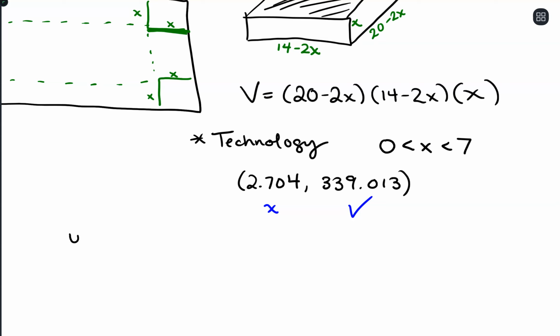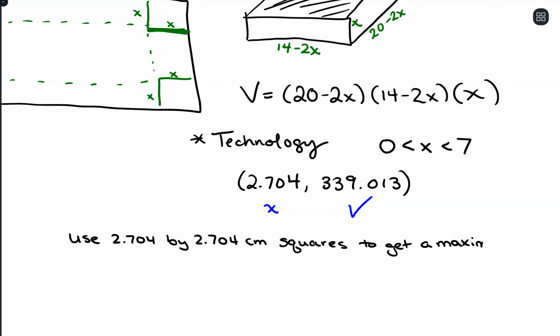So what we would want to do is use 2.704 by 2.704 centimeter squares to get a maximum volume of 339.013 centimeters cubed for volume.